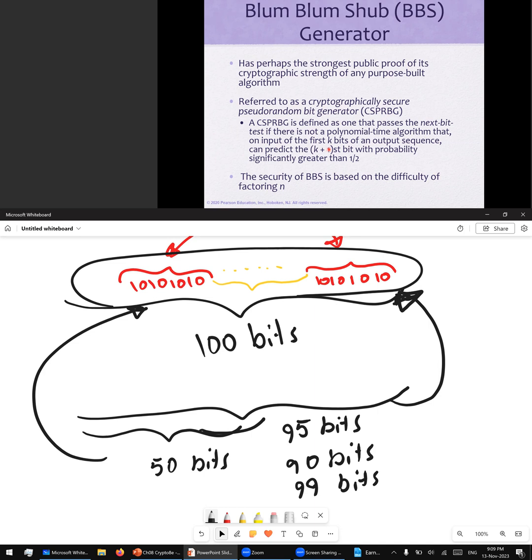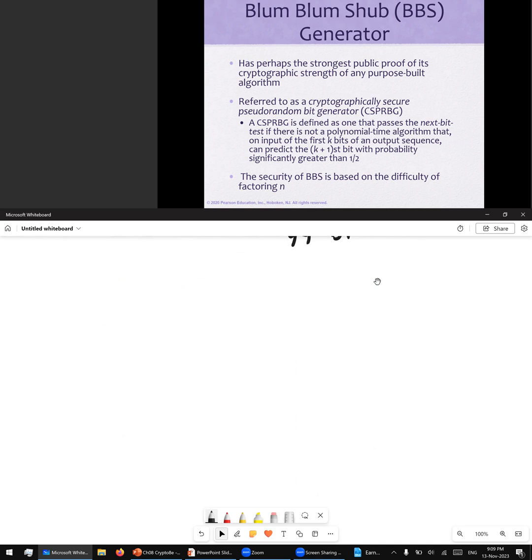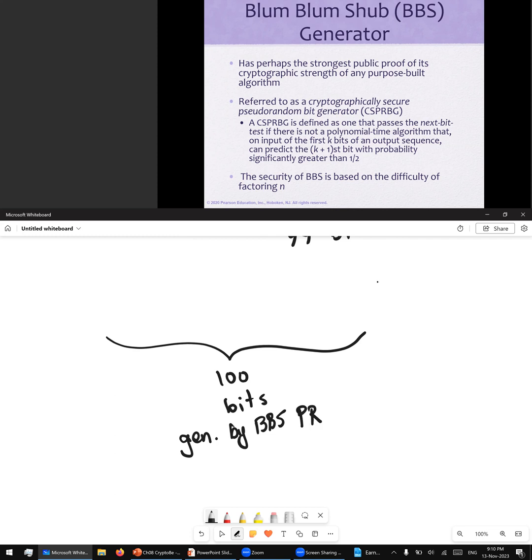In other words, if I go down here to the whiteboard, and I have a sequence of 100 bits already generated by this BBS PRNG, there is no algorithm that will tell me what the next bit is going to be with a high probability.